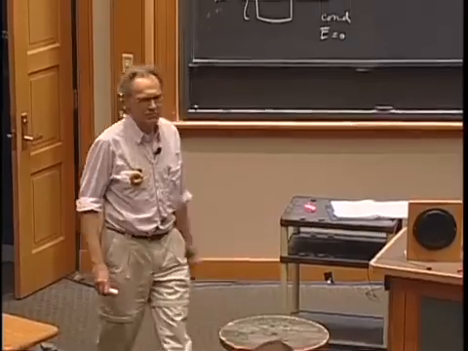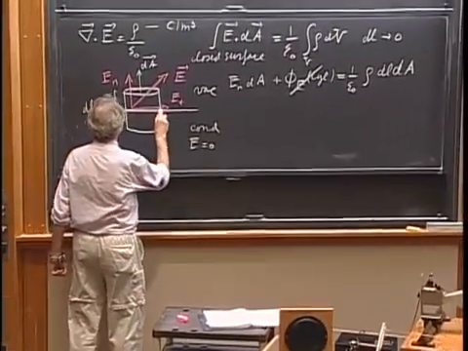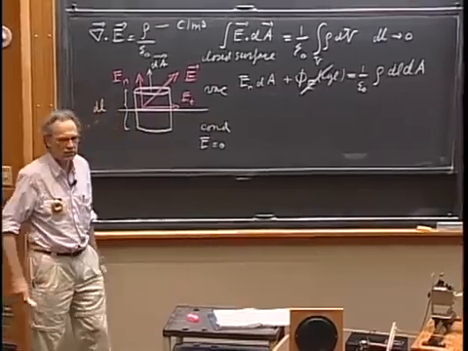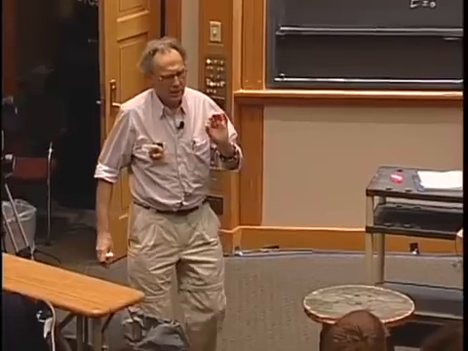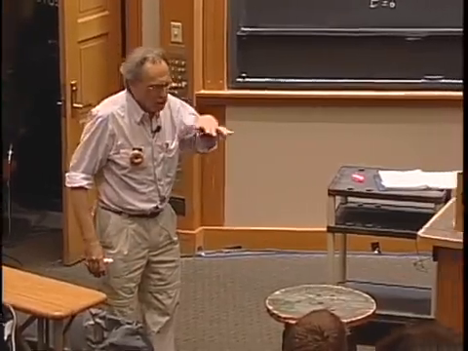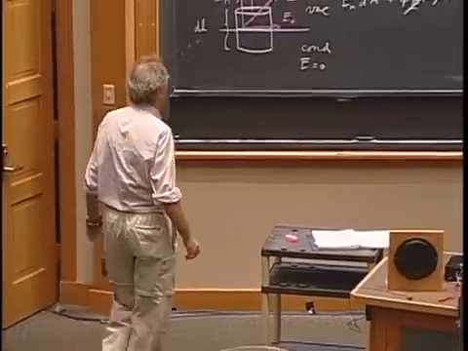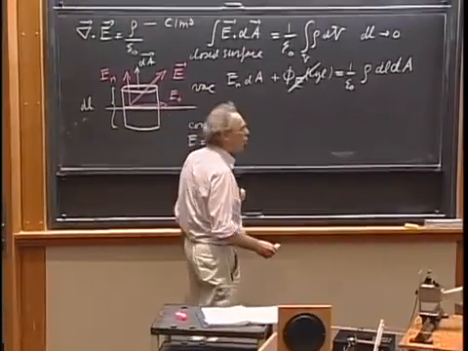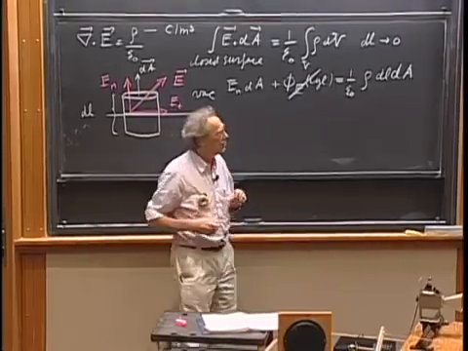But that's not true. Because there can be, and there will be, charge right at the surface of a conductor, which is not coulombs per cubic meter, but it is the surface density in coulombs per square meter. Totally different dimension. And that is rho of s, how much charge there is per square meter on that surface.